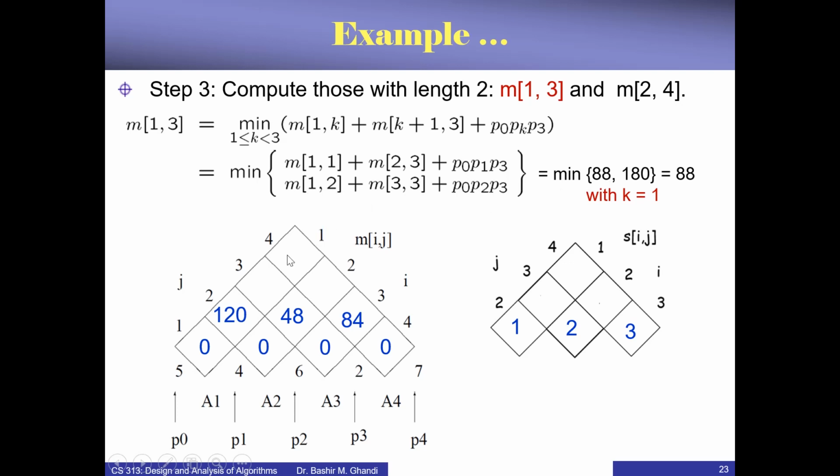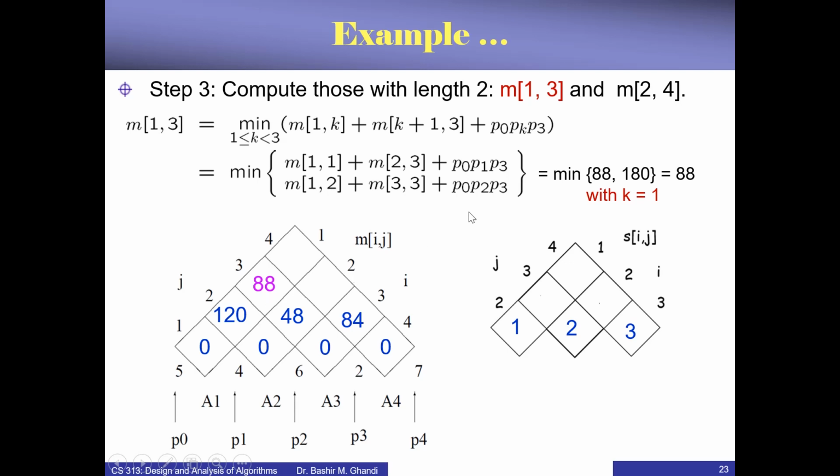M12 is 120. M33 is 0, so 120 plus the product you get if you multiply P0, P2, P3. If you do that, you're going to get 180. The question is, which of these two values is the smallest? Obviously, 88 is the smallest. So it is 88 that you should put in position 1, 3.